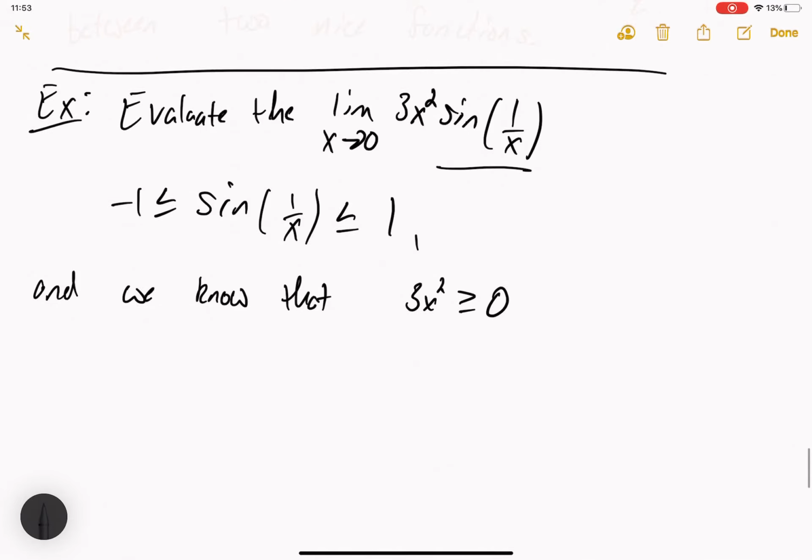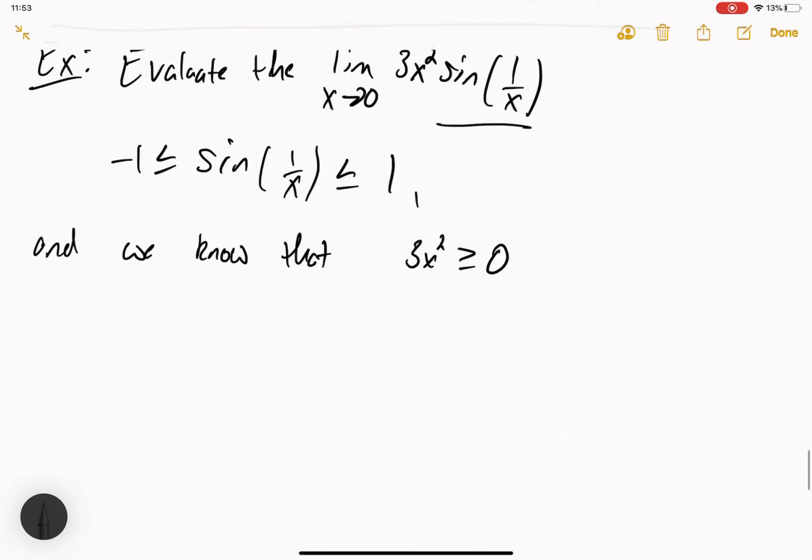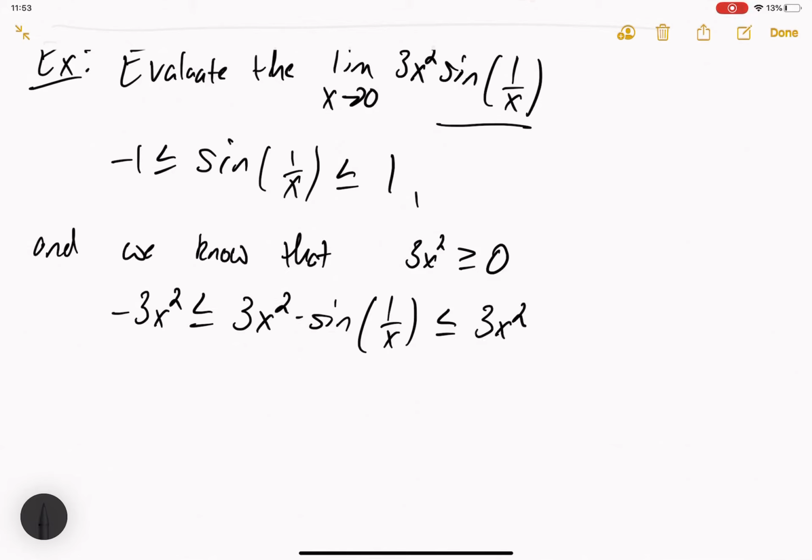We have to specify that 3x squared is greater than or equal to 0, because if we multiply by something that could be negative, that would flip the sign of the inequality, and you would have to be more careful. So multiplying through by 3x squared, we get -3x squared less than or equal to 3x squared times sine of 1 over x, less than or equal to 3x squared.